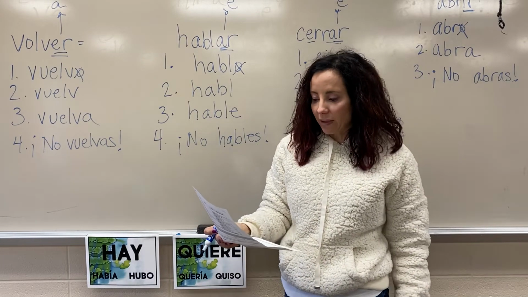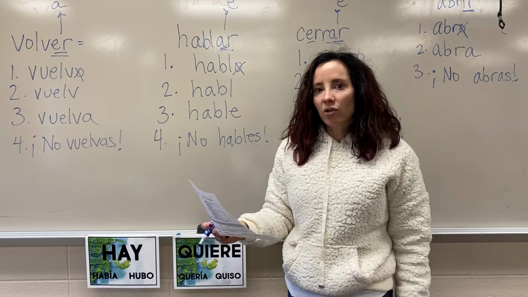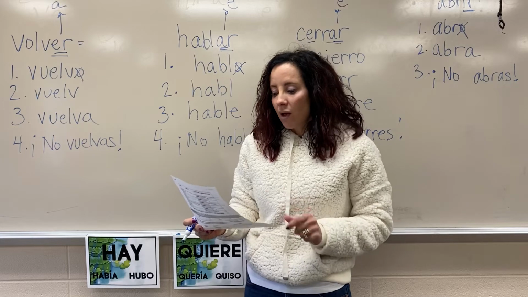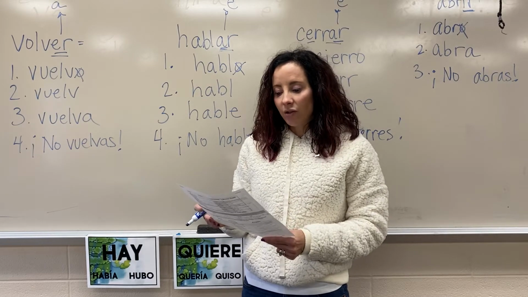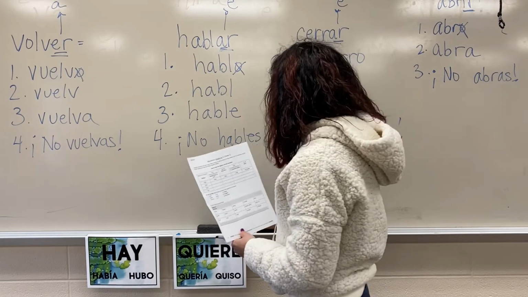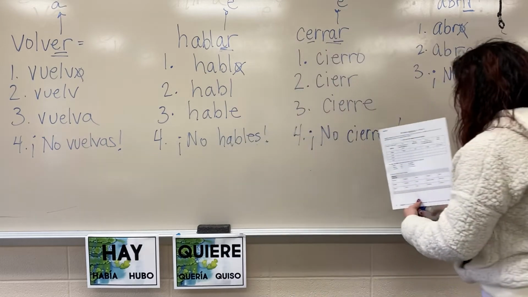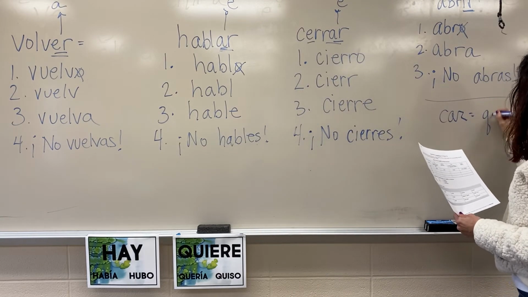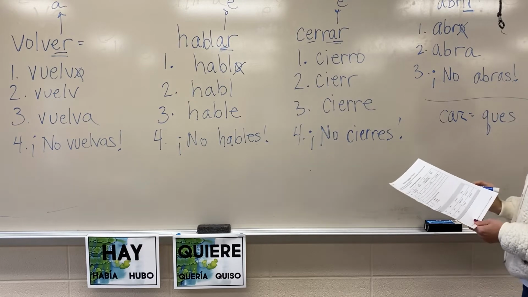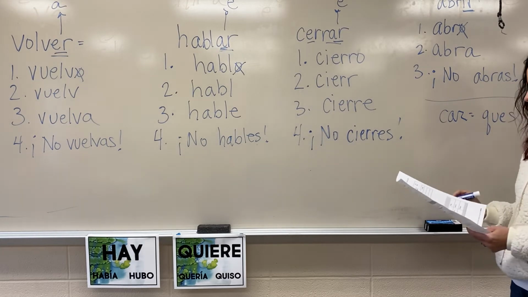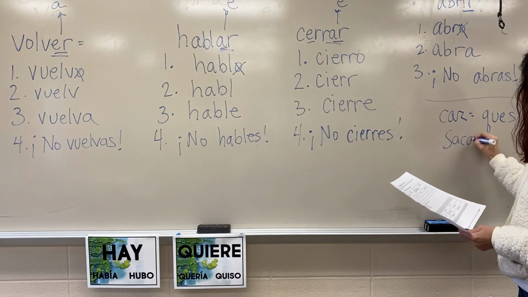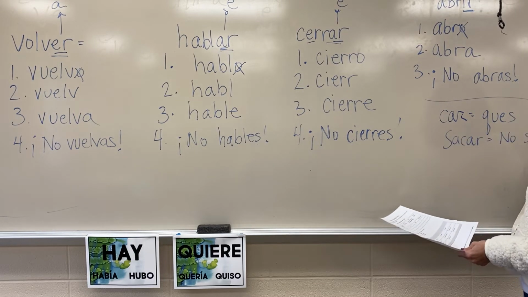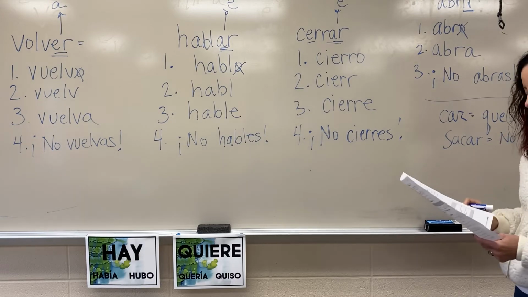Now, just below this box, there are the verbs ending in car, gar, and zar, which I know you've heard me say many times, and these have special endings that don't follow what we just did here. You can see they change to QU, car, QUES. For example, sacar would be no saques.